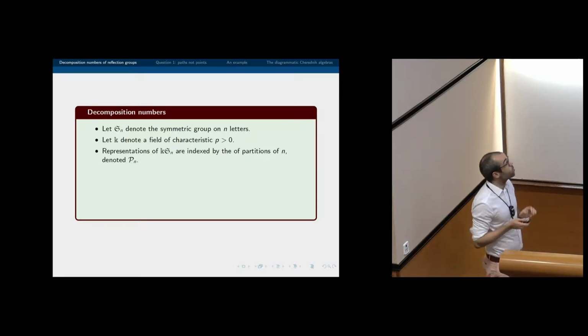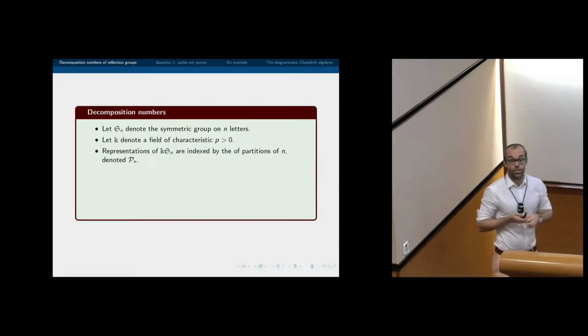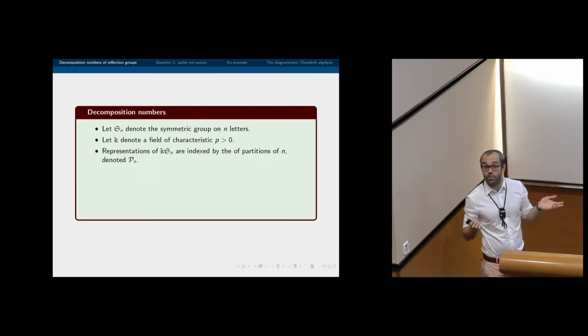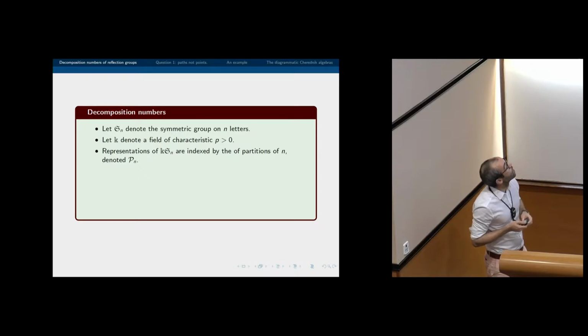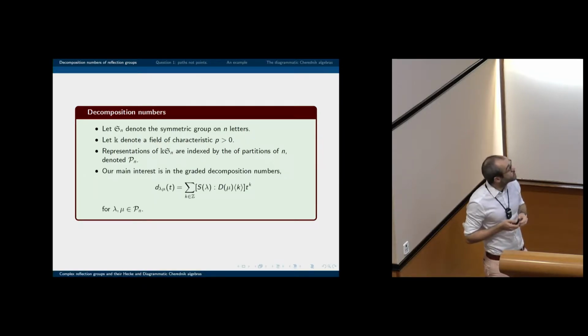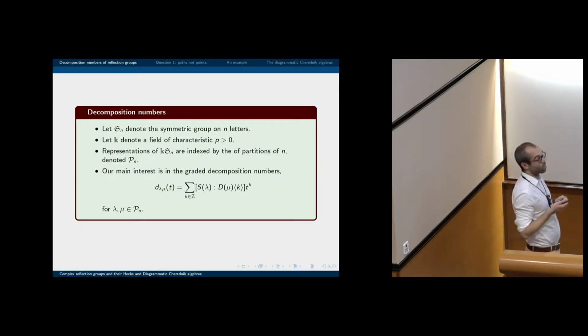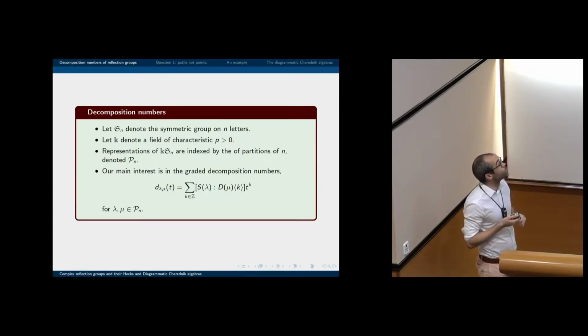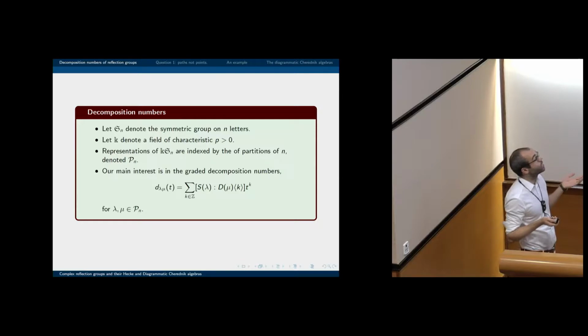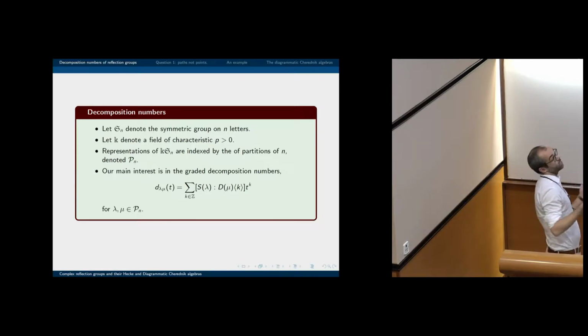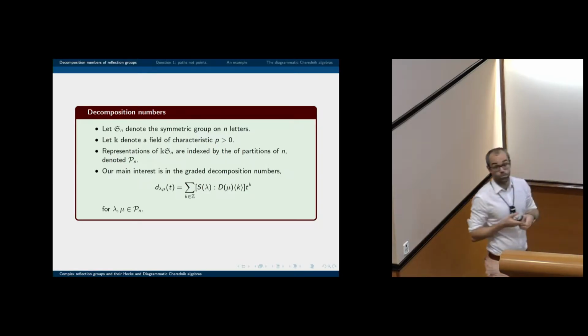Now, we probably all here know that the representation theory of Sn is indexed by partitions. And thanks to work of Khovanov-Lauda, Brundan-Kleshchev, and Rouquier, we know that we can ask what the decomposition matrix looks like, but a richer structure would be what the graded decomposition matrix looks like.